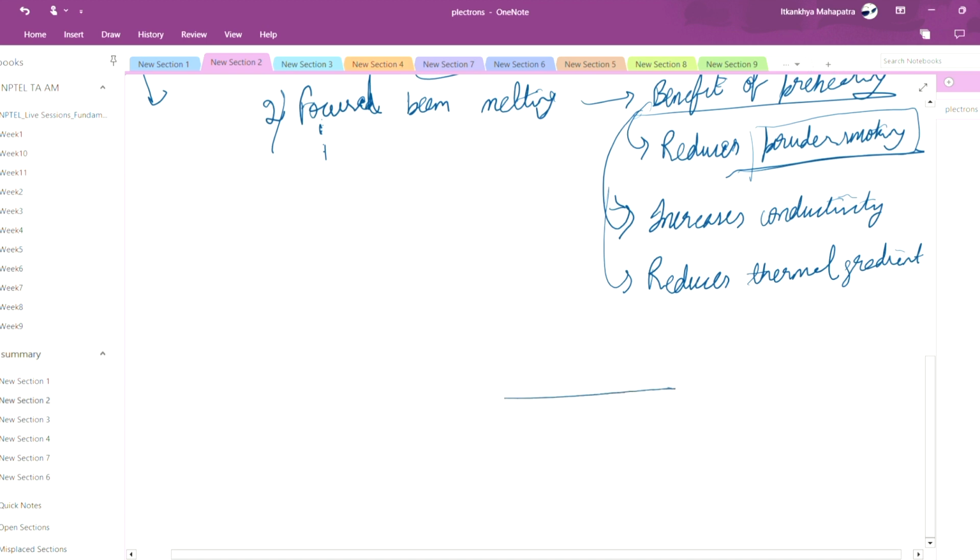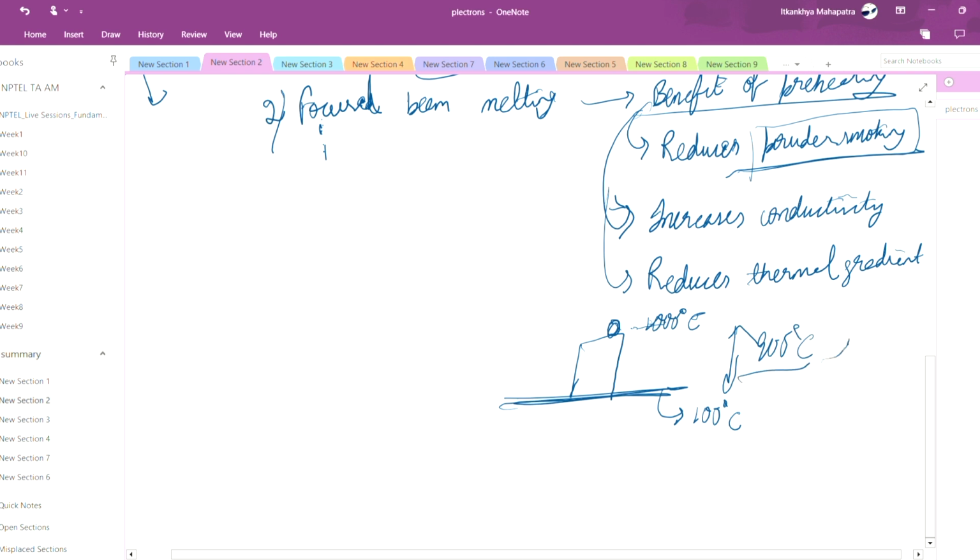Now thermal gradient is this: we are building this component and here printing takes place. When we are building an aluminum component, the temperature at this point may be 1000 degrees Celsius. Now the base plate is at 100 degrees Celsius. So we can see the difference of 900 degrees Celsius.